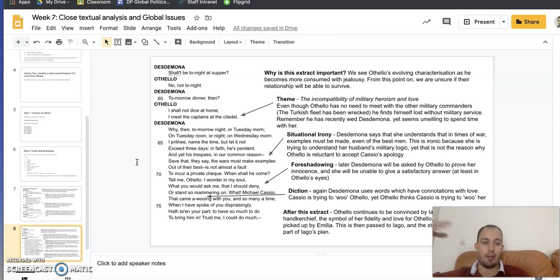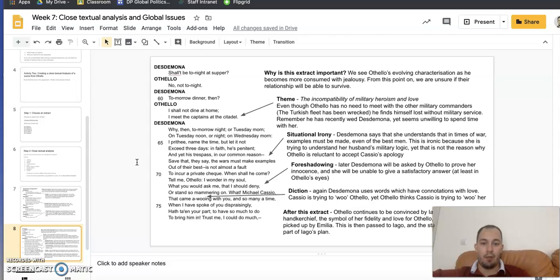And she thinks it's because of the sort of military logic that in the military you have to have discipline, and that's one of the most important things. And sometimes you have to make examples of good soldiers, even if they've done something wrong. Whereas actually, it's Othello being driven by his emotions, by his jealousy. That's why he didn't want to forgive Cassio.